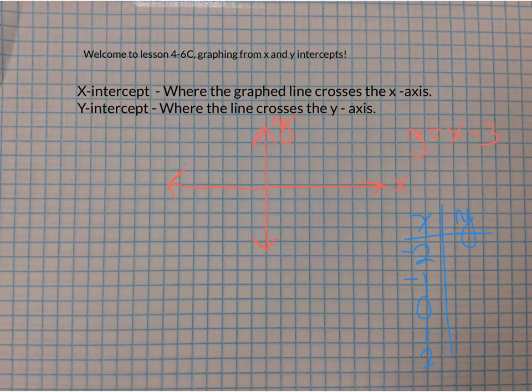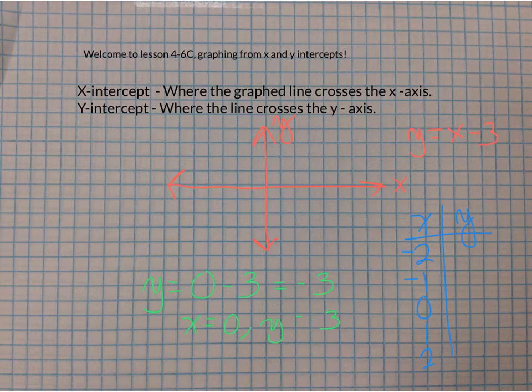So let me do that. If I say y is equal to 0 minus 3, substituting 0 for x, then y would be equal to -3. So when x is 0, y is -3.